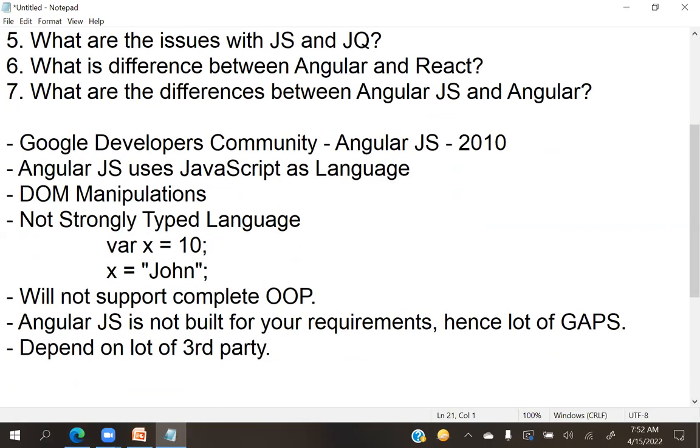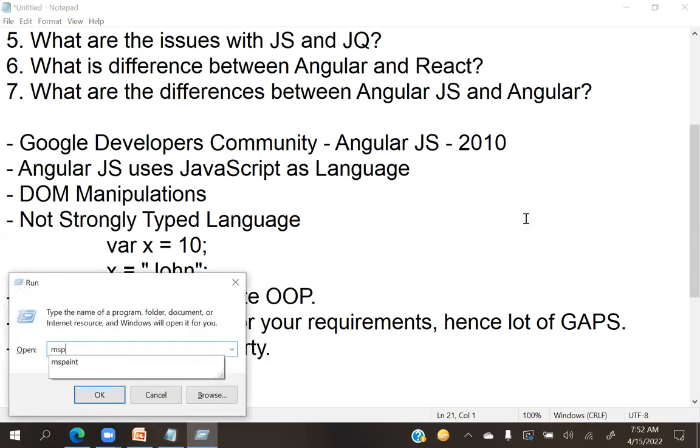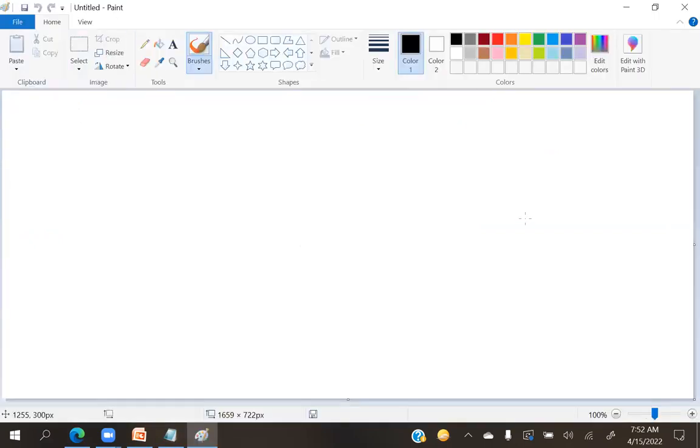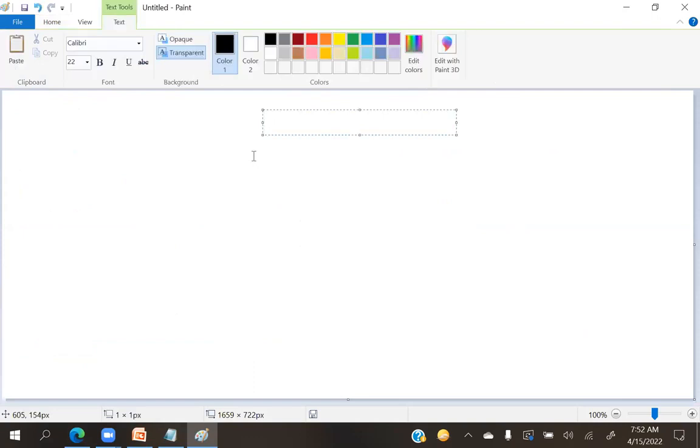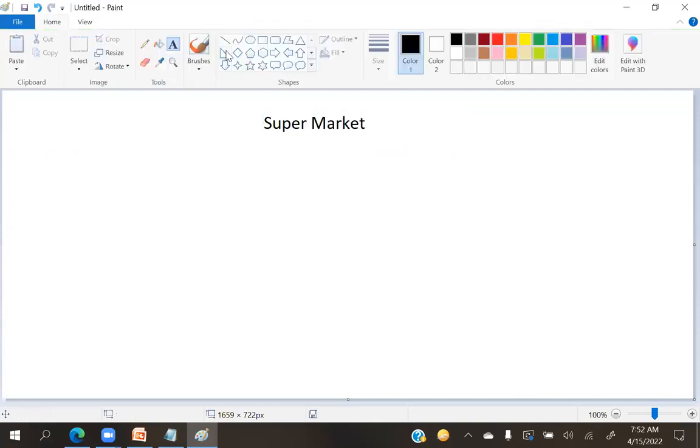For example, I will tell you what that means. I will give a simple example. Suppose I will give a small concept here. We have some supermarket. And these supermarket people asked us to build an application.